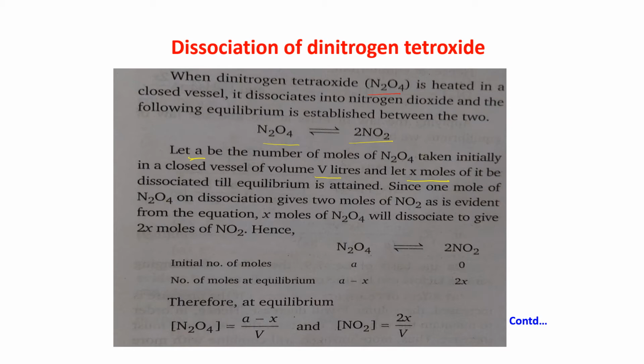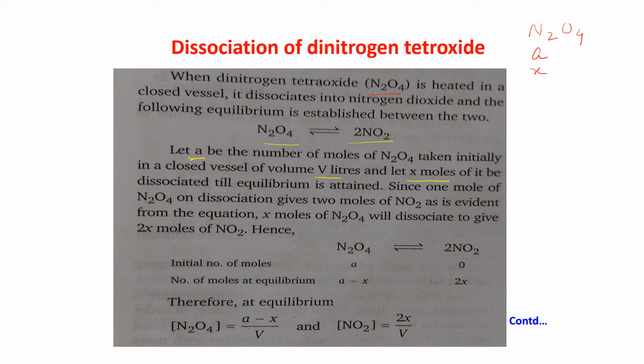First, we have taken A moles of N2O4 in a vessel which is having a volume V, and after certain time when the reaction is attaining equilibrium, maybe X moles of it is dissociated.